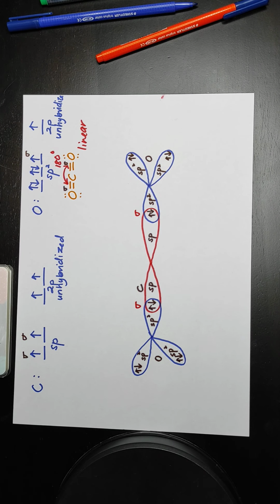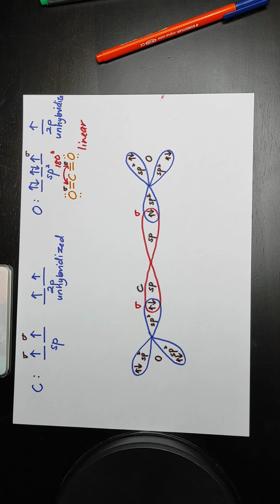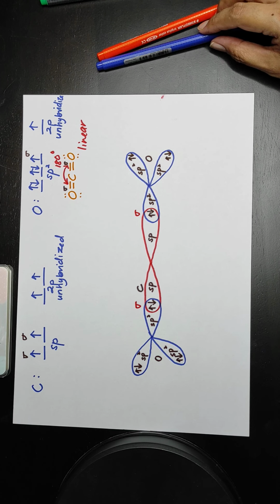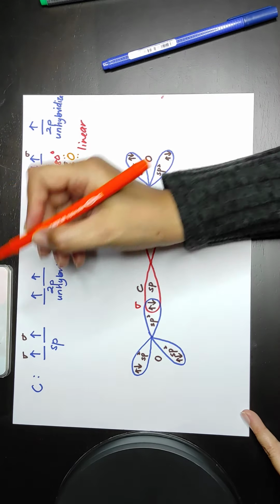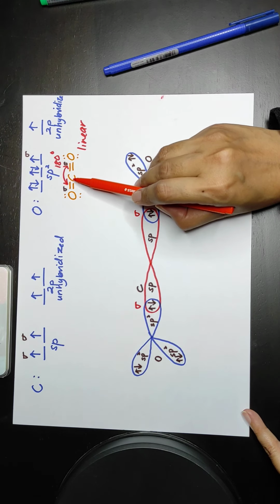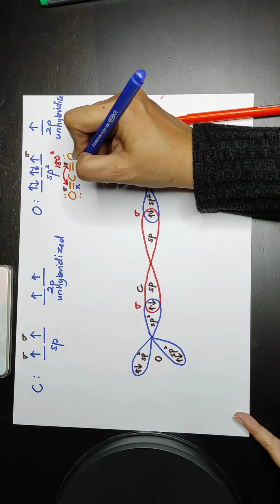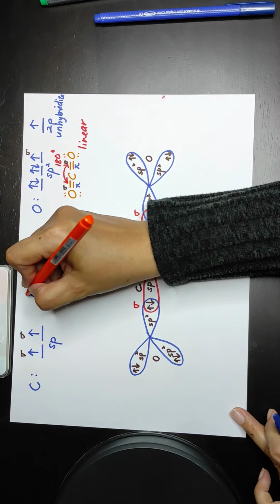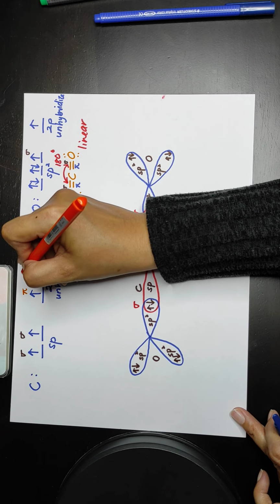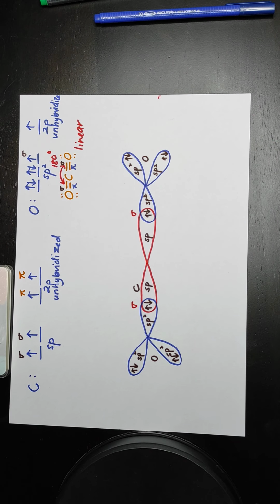Now we are going to show how the pi bonds between carbon and oxygen atoms are formed. There are two pi bonds between carbon and oxygen atoms. So this electron will be used to form the pi bond with the oxygen atom.